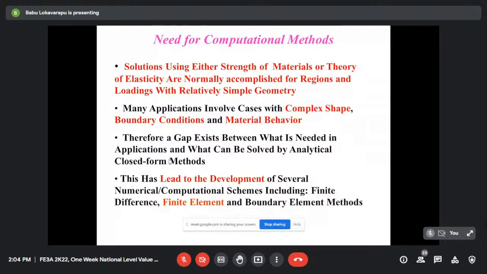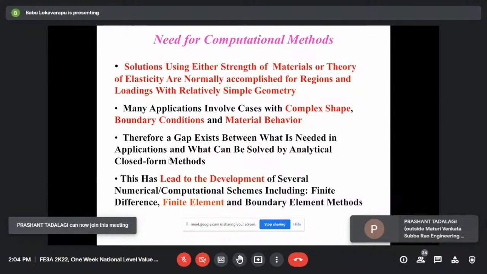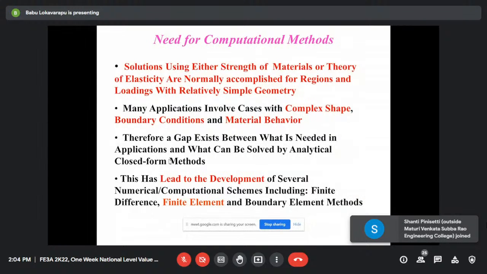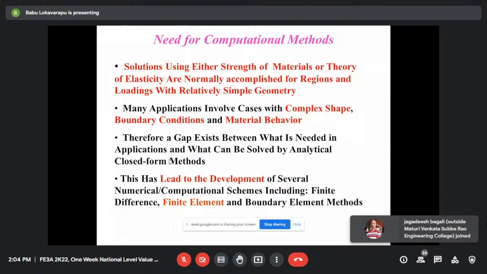The other category, the second category, comes under very complicated geometry, and also complex boundary conditions, and the material is not only isotropic; we have orthotropic material and anisotropic material, functionally graded material and nano material, all these things. So in the second category, solving the problem is not simple and straightforward.